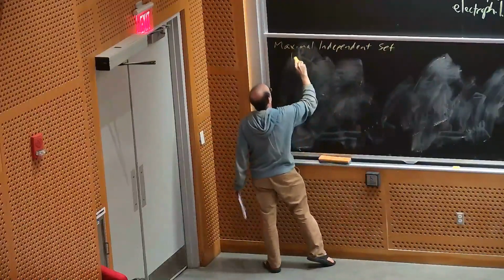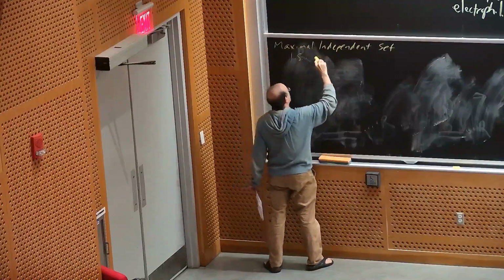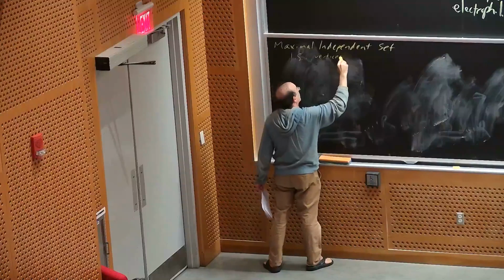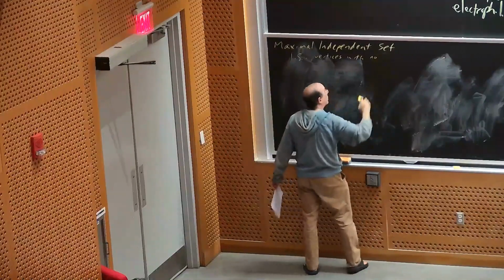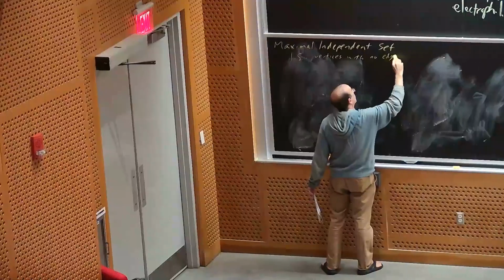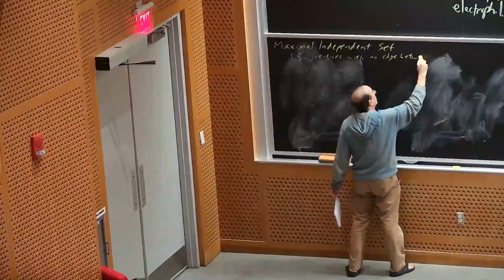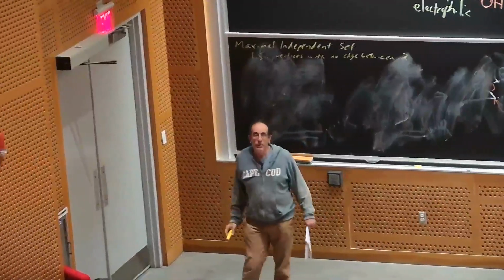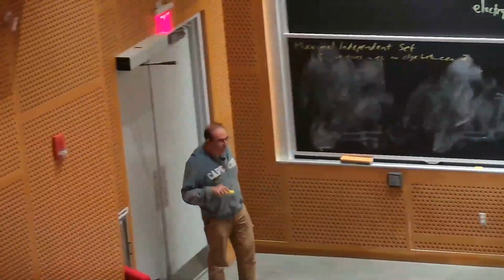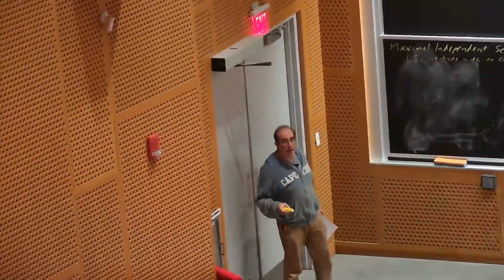Right? An independent set is simply a set of vertices with no edge between any two of them. Okay. And of course, any single vertex is an independent set.